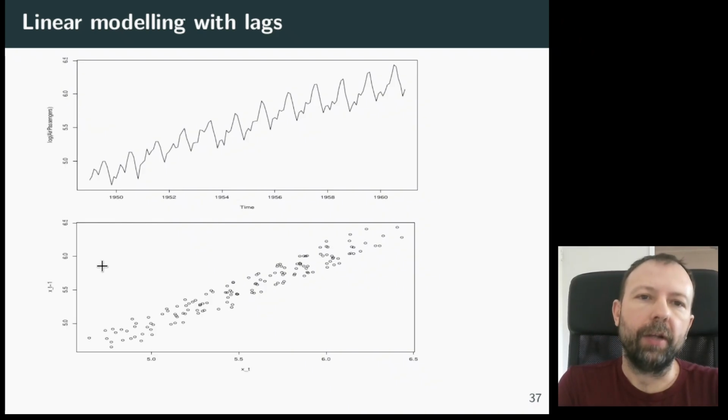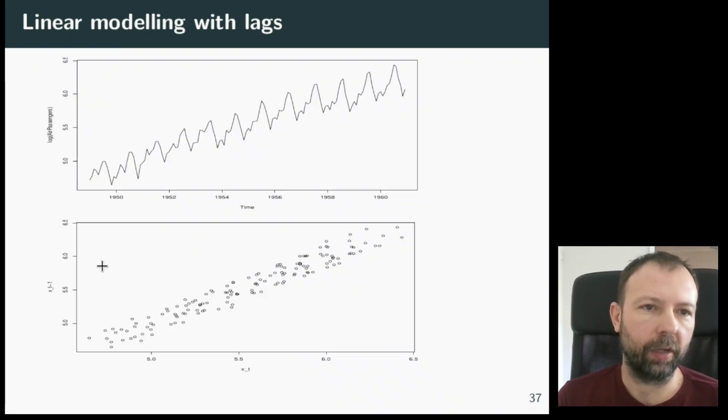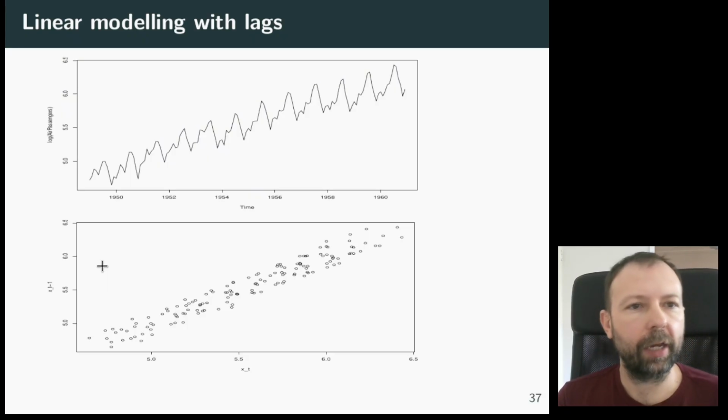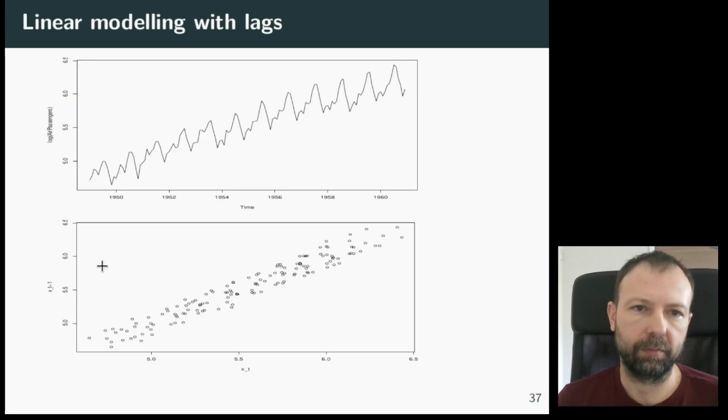Okay, now let's look at another very important basic concept in forecasting. You see I have now done the logarithm of the air passenger series, which changes it a bit. And now what the lower plot shows us is called a lag plot.